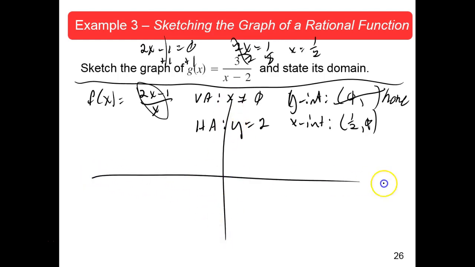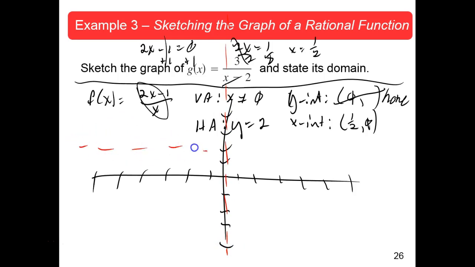So let's do our thing here. Plot what we've got. The vertical asymptote is your y-axis, right? X cannot equal 0. The horizontal asymptote, y is equal to 2. Got those done.